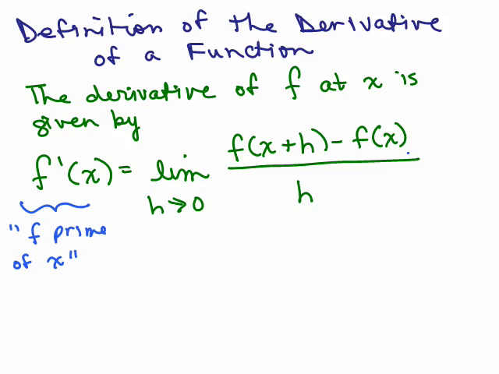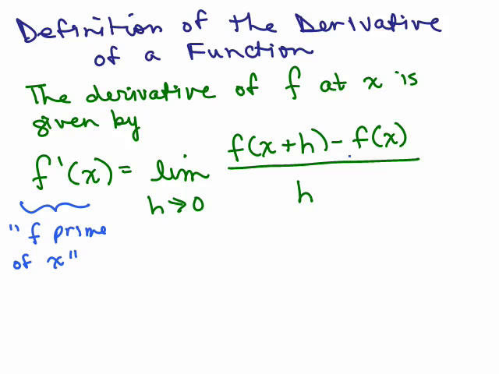Remember, this had to do with the formula for slope. f of x plus h minus f of x, that was the difference of the y values, and at the bottom we originally would have x plus h minus x, so we end up with just the h in the denominator. So that is the derivative.